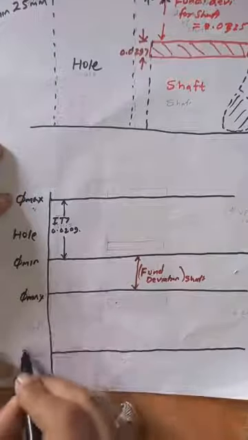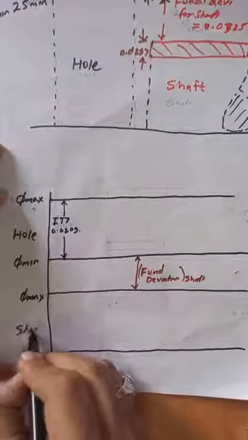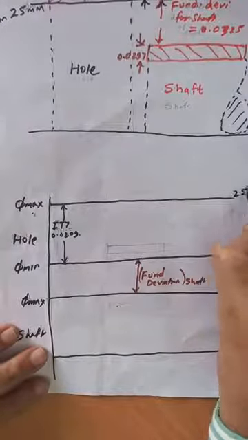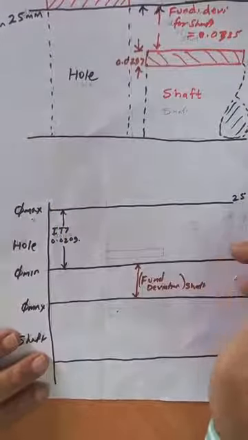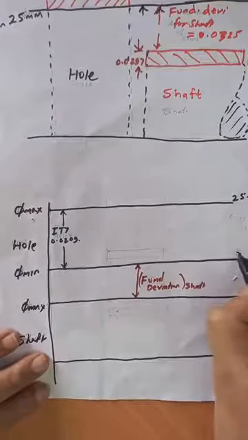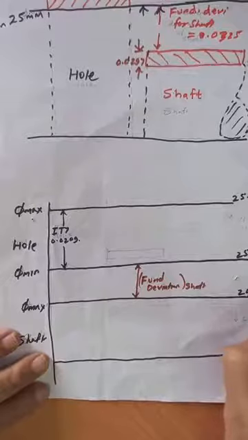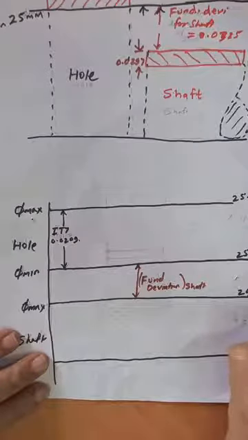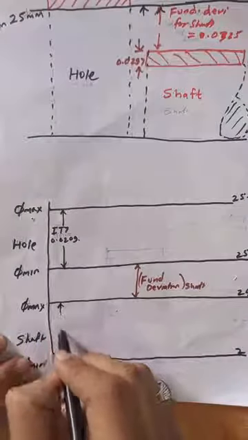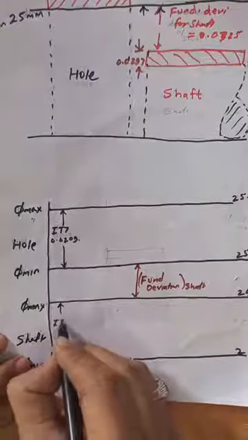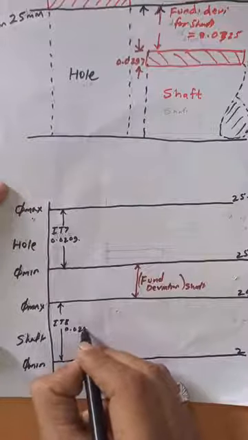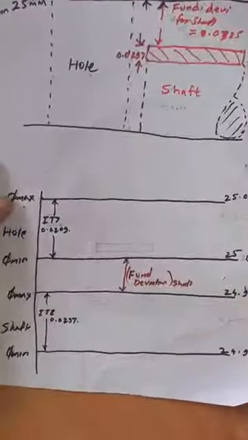Maximum size of shaft, this is minimum size of shaft. This is shaft. Okay, so the maximum value comes to be 25.0209. This is the basic size, that is 25. This is 24.980. This is 24.947. This is the IT8 tolerance, that comes to be 0.0297 or something.